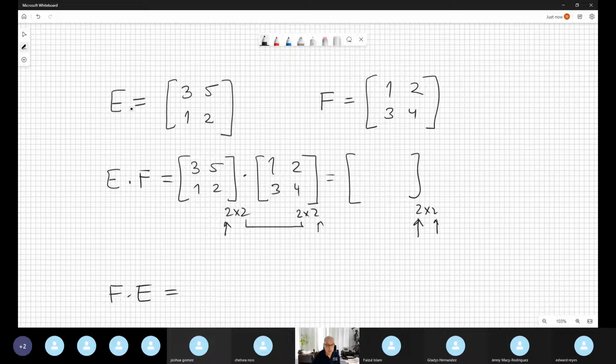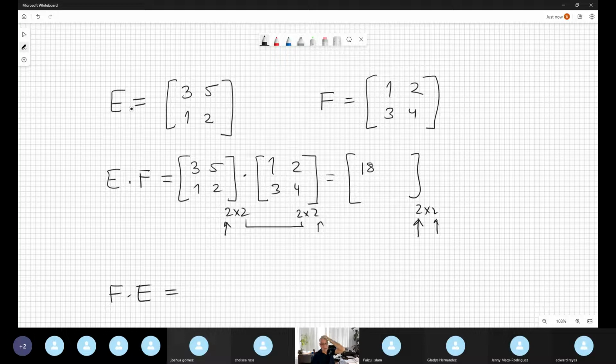Okay, let's do it. As you multiply, first row, first column of EF is 3 times 1 is 3, plus 5 times 3, 15. It's 18. You see where 18 comes from? 3 times 1 is 3 plus, always plus.